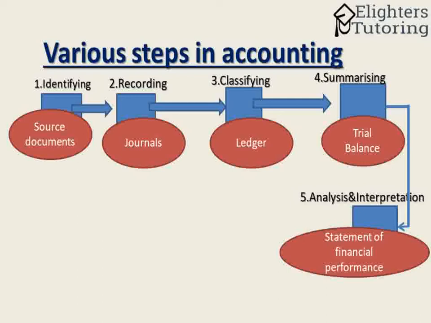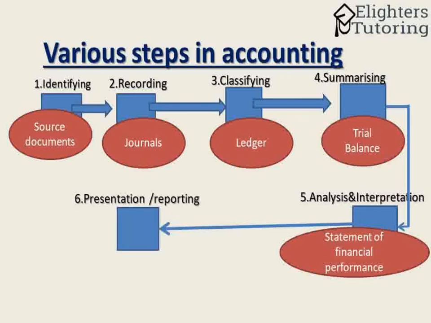This account will analyze what is transferred from the trial balance to give the profit or a loss at the end of the year. Once that is done, we have to do the reporting to the users, and that is done in step number 6, presentational reporting.